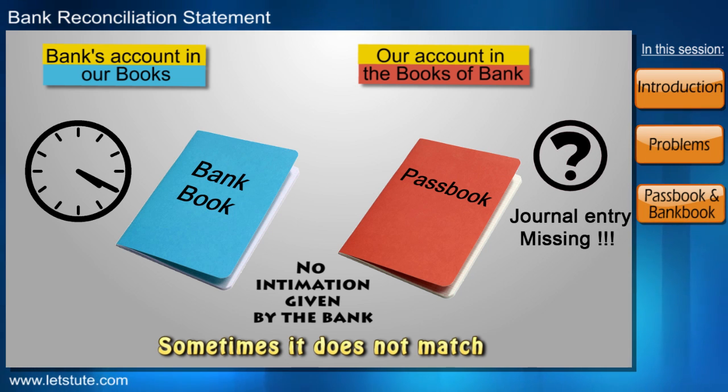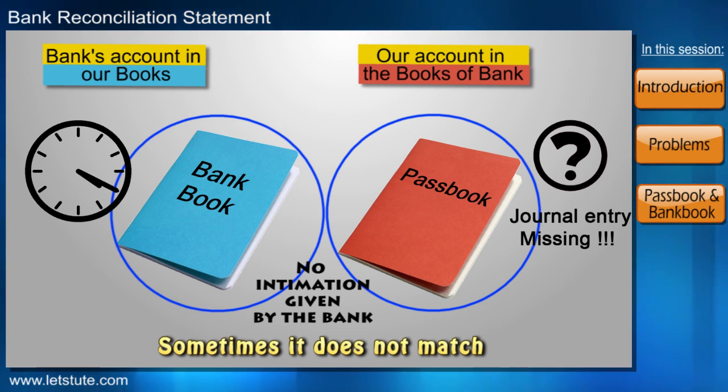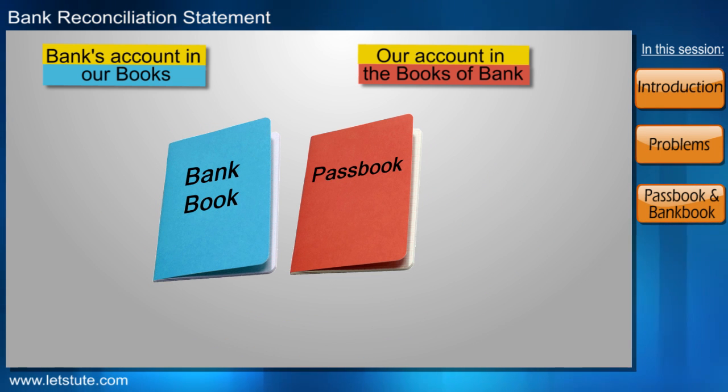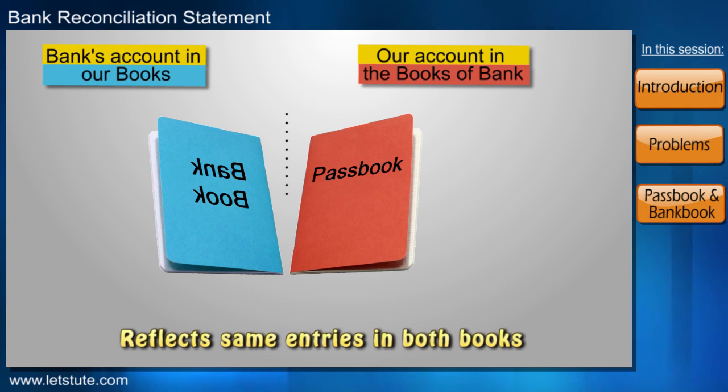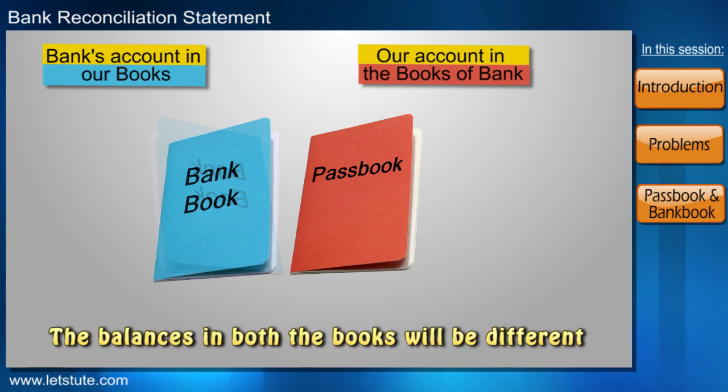These delays usually do not matter as sooner or later entries are made both by the bank and by the business. So ideally, a bank book and a passbook should be like a mirror image reflecting all the entries in both the books. But like we said, they will not be matching on a particular date.